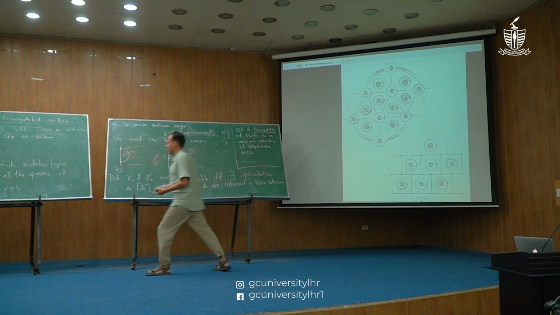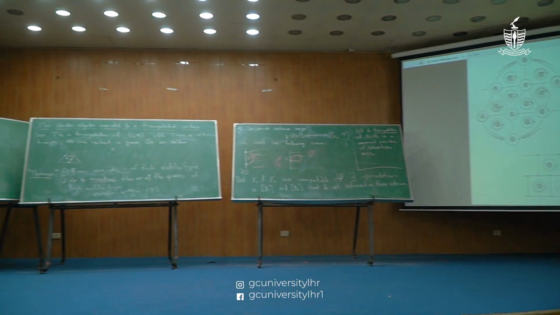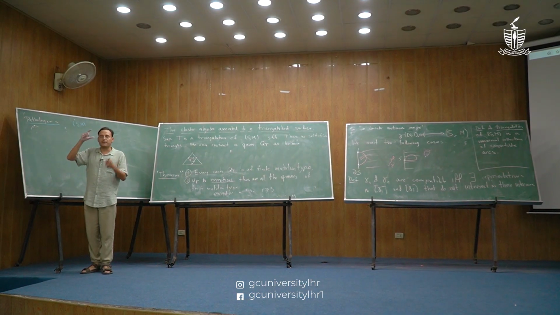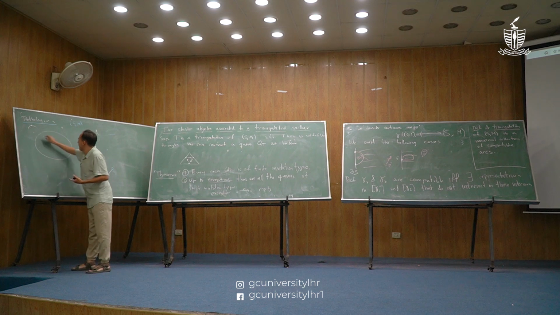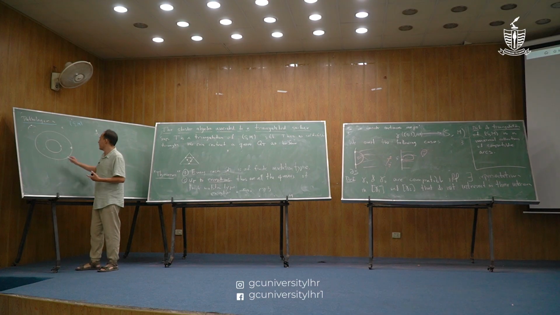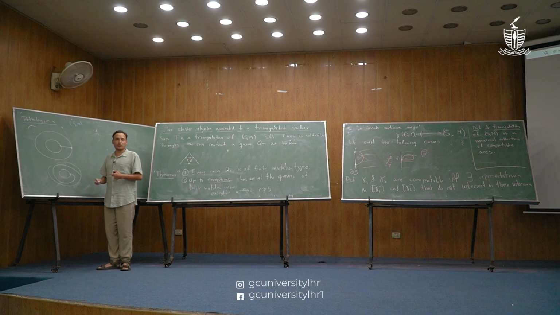Just something that I forgot to mention in my definition of arc is that the homotopies should leave the boundary fixed. Okay? So for example, this arc and this arc are not the same.